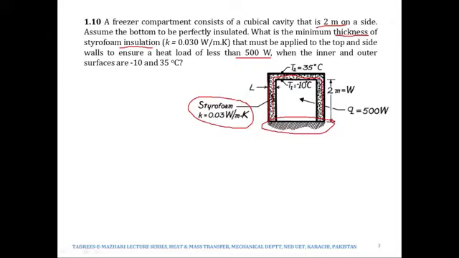So over the outer surface of the refrigerator and the surrounding air, it would be convection and radiation as well, if the radiation is not negligible, right? So there would be convection and radiation. Whereas the mode of heat transfer through this insulation only, across this insulation, would be conduction, right?